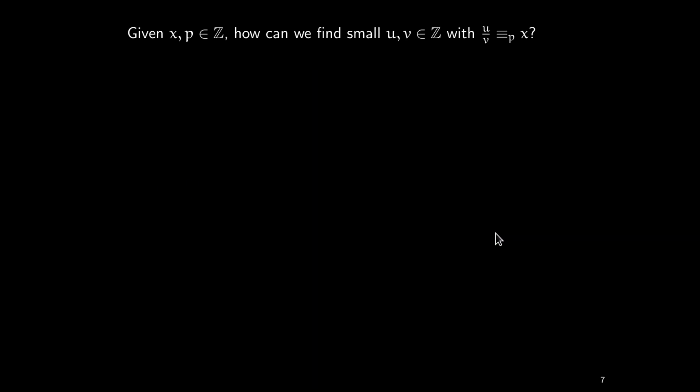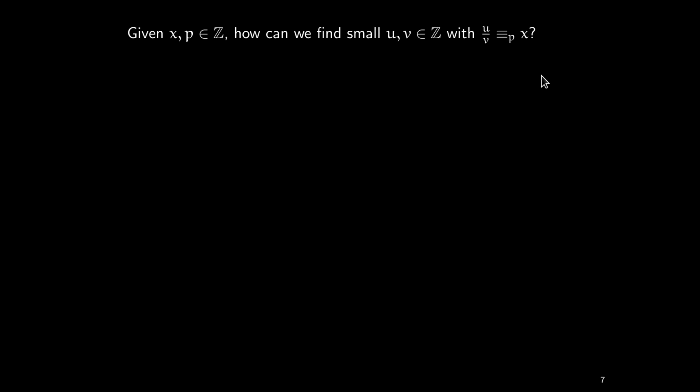That's something we have to discuss next. So the question is, given an x and a p, and I'm thinking of x as an integer representative of the equivalence class mod p, how can we find a numerator u and a denominator v such that u over v is equivalent to x mod p?